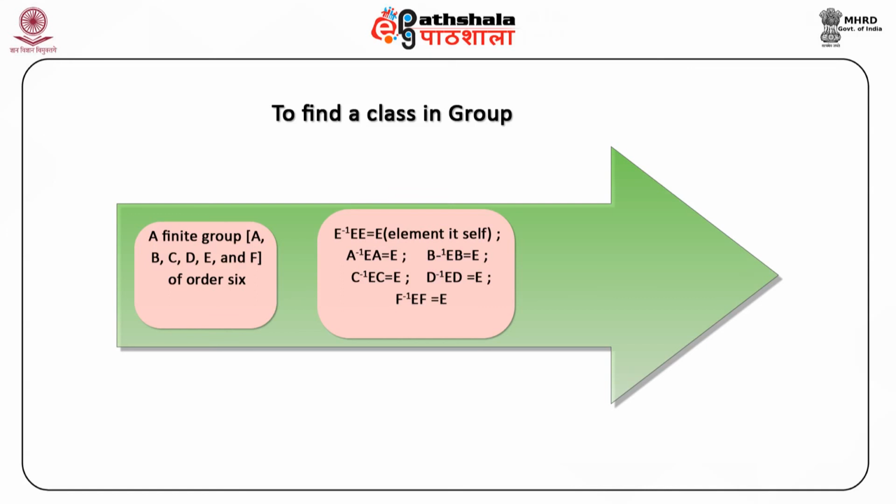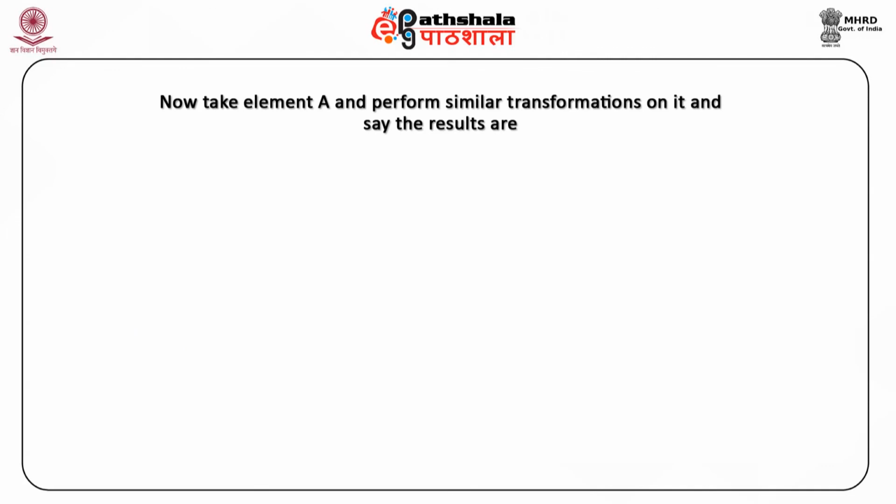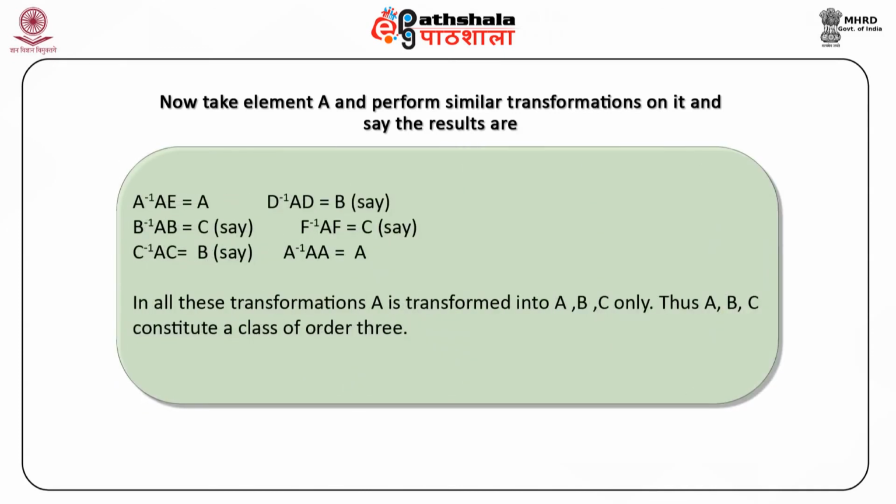That is, E transforms into itself by all these transformations. Therefore, E constitutes a separate class by itself, and the number of elements in this class equals 1. That is, order is 1. And similarly, one can work out other similarity transformations for A, B, C, D, and F in the group.